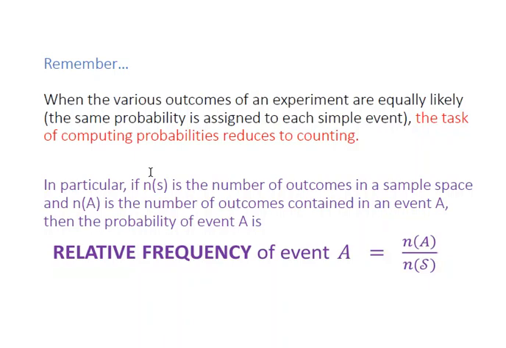In particular, if NS is the number of outcomes in a sample space and NA is the number of outcomes contained in an event A, then the probability of event A is the relative frequency of event A. It means NA over NS, the number of outcomes in A over the number of outcomes in S.